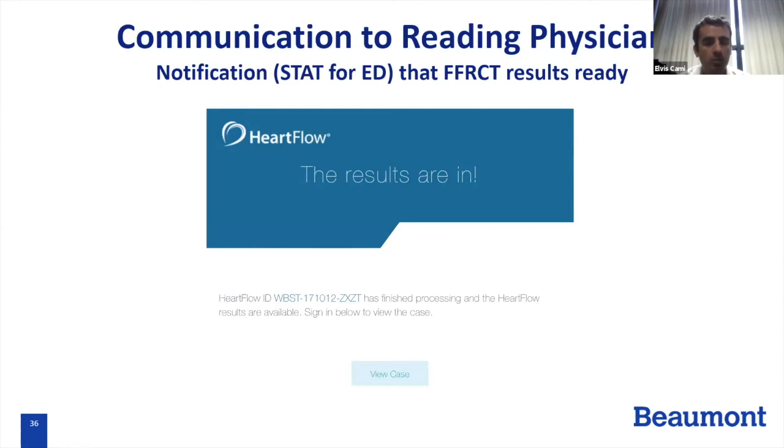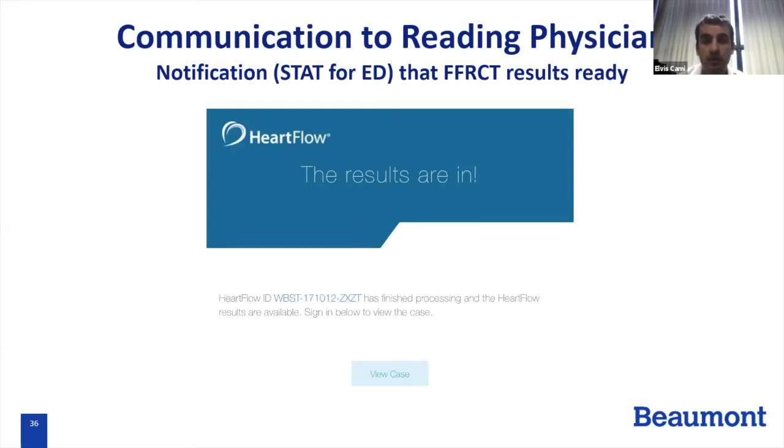Then a couple of hours later, we get an email from HeartFlow. Currently our notification system is that there is an email that goes to the scanner, to the room where the CT is, and the techs have that available.